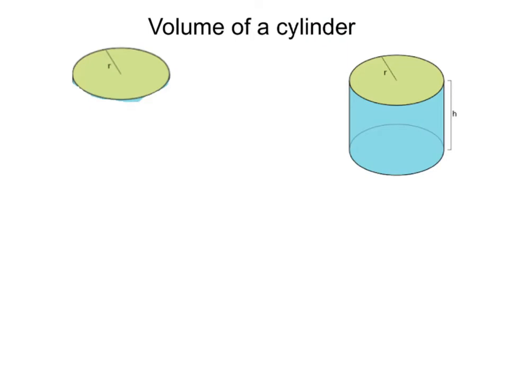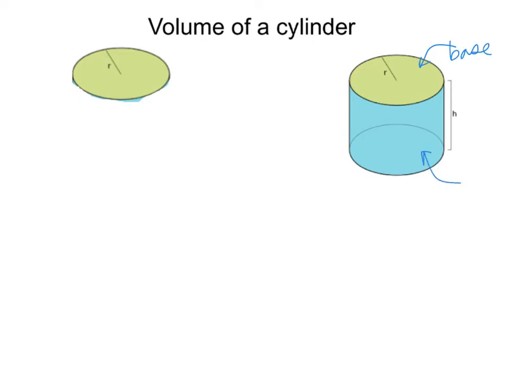So the first thing I'd like to do is to look at a three-dimensional object that's familiar. We're going to look at the volume of a cylinder. Maybe back in geometry days you learned to find the volume of a cylinder by memorizing a formula. I want to take a slightly different approach, looking at it geometrically. We know that the cylinder has two bases. This is a base, and then it also has a base here.